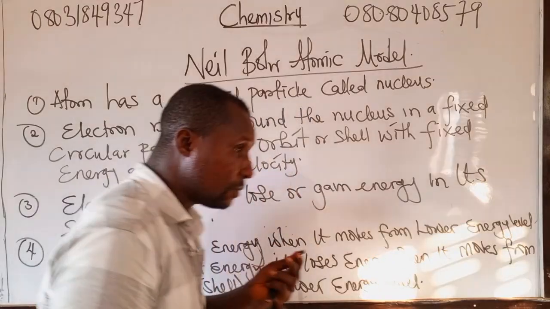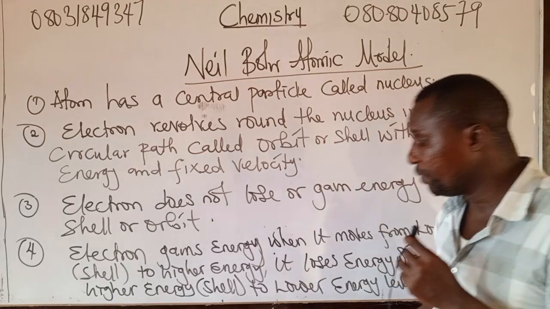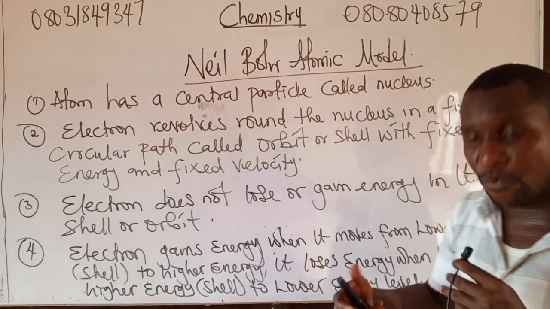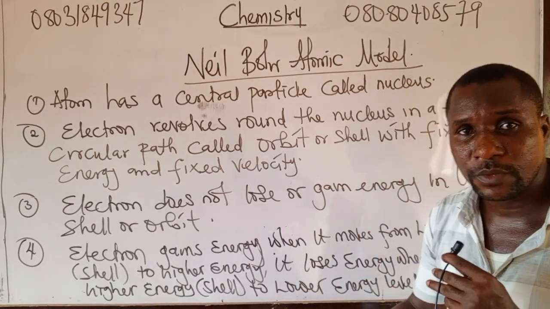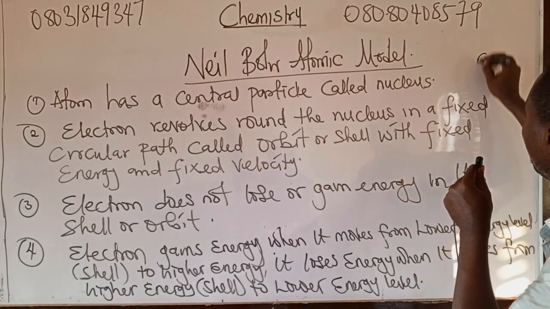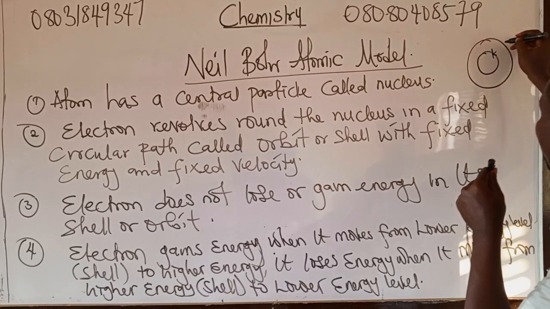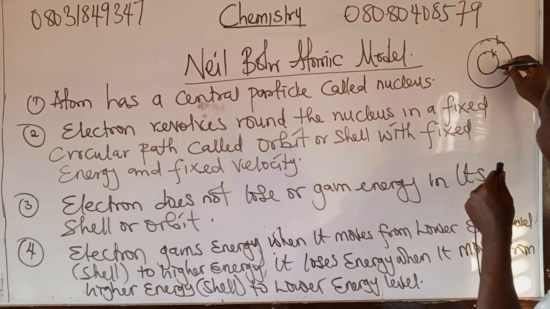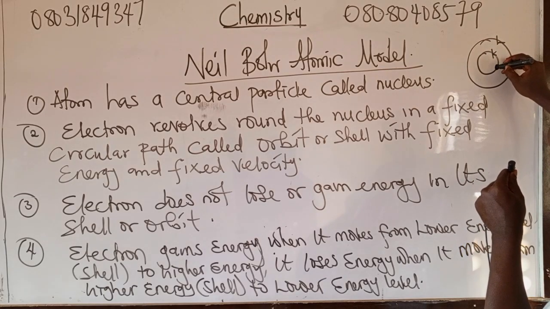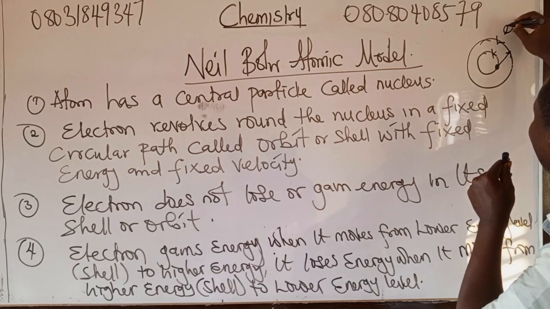Let me explain this. When you have electron moving from a lower energy level, K shell, to a higher energy level, L shell, that is called excitation.